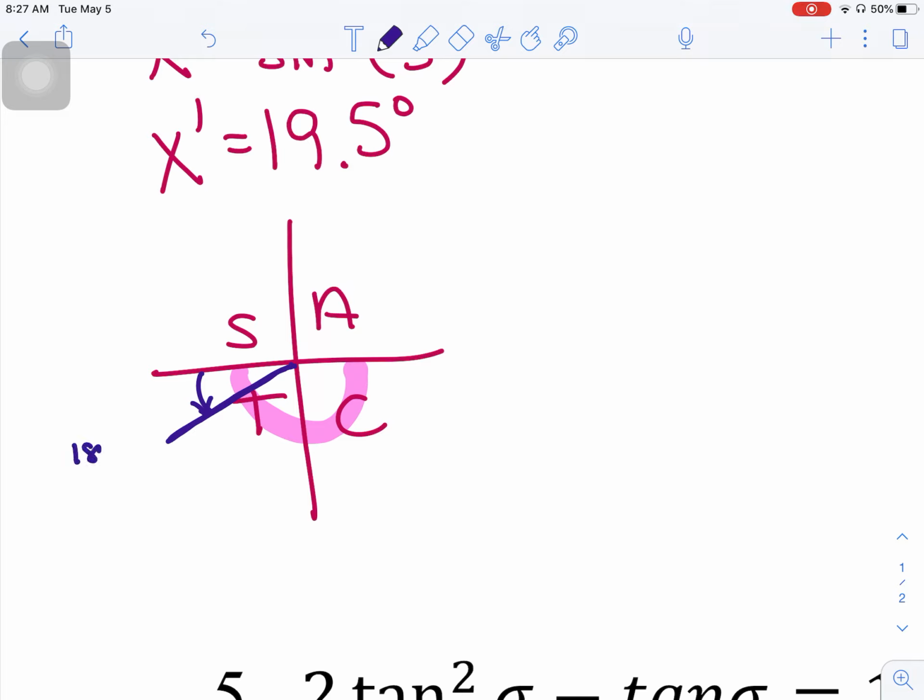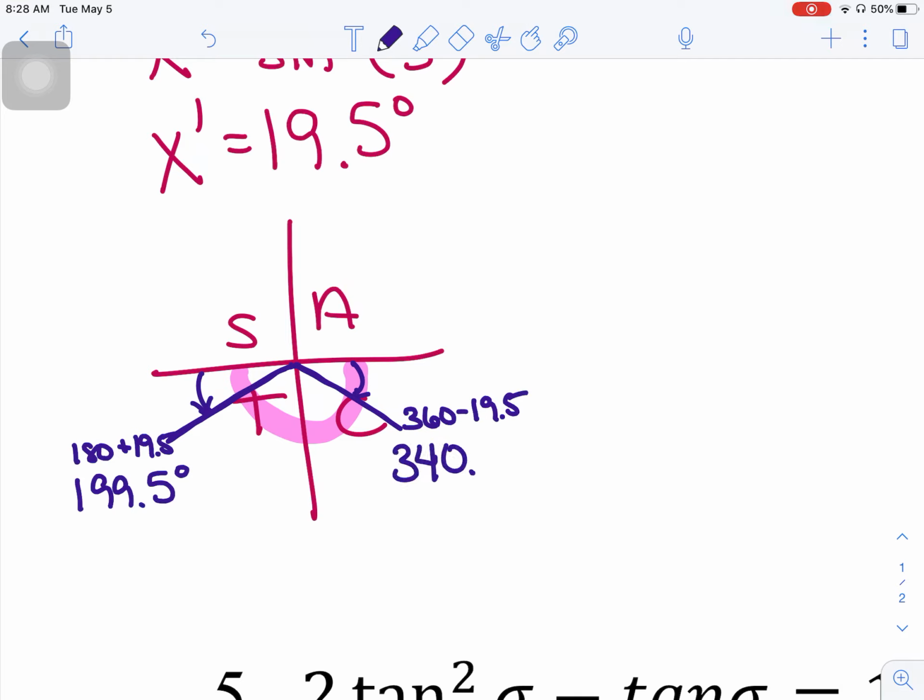So I'm going to take 180 plus 19.5, and I am going to get 199.5 degrees. Okay, quadrant 4, I need to be 19.5 degrees off the x-axis. So I'm going to find that by taking 360 minus 19.5. And I get 340.5 degrees. Okay.